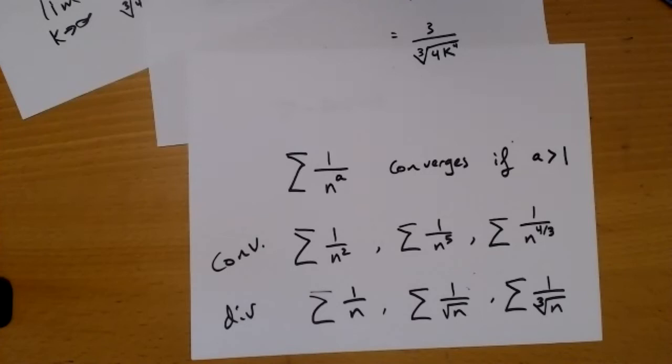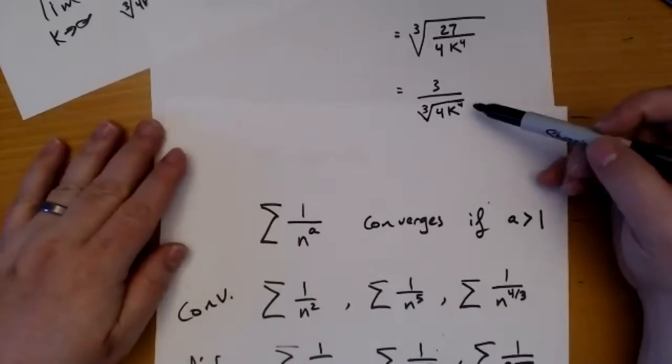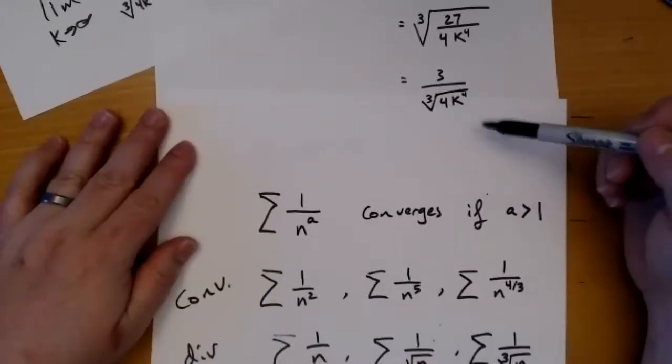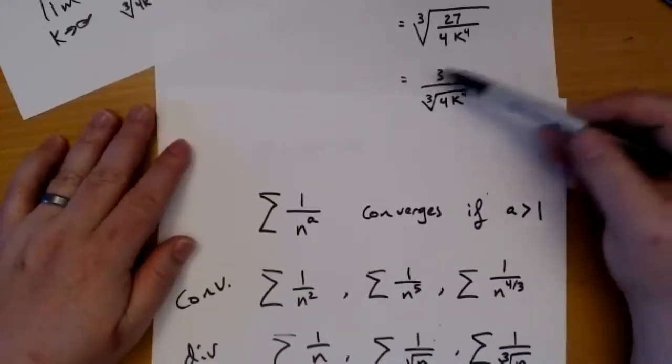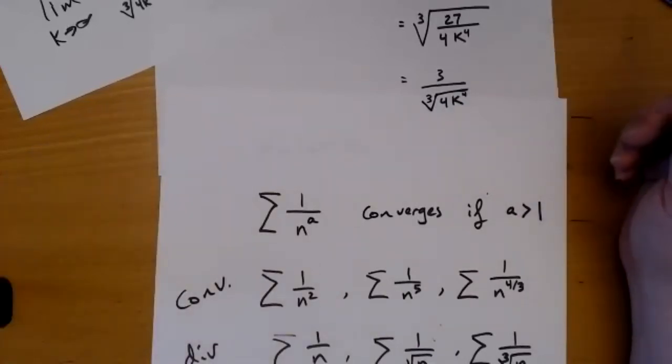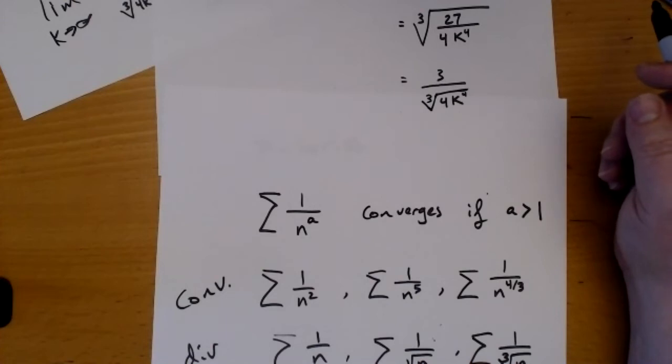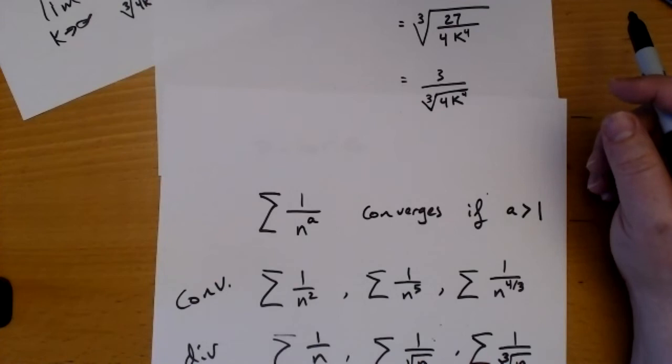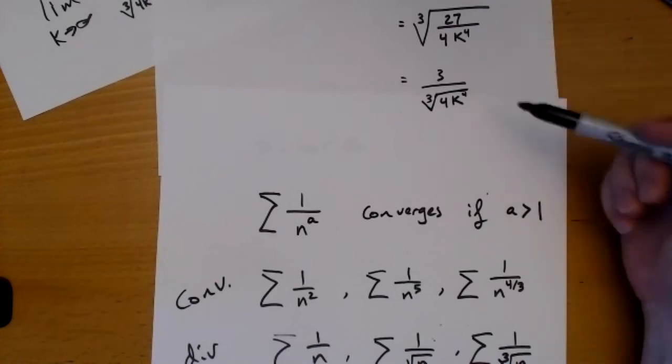I don't know why the book did limit comparison before doing P series. P series is usually done earlier. Anyway, so does this converge or diverge? Converge. Why? Because if you strip it off, you just see the n to the 4/3. Yeah, the exponent is 4/3, and that's bigger than 1. So this converges.